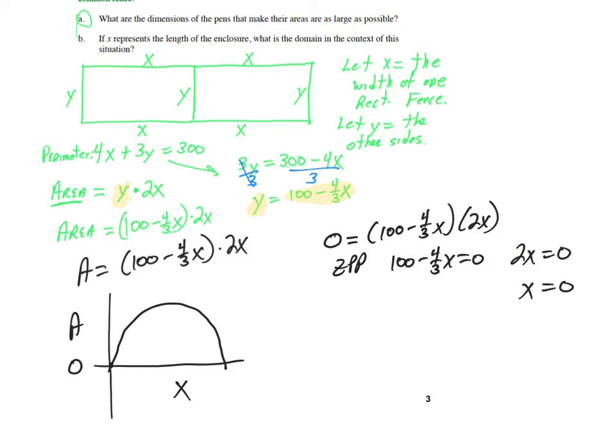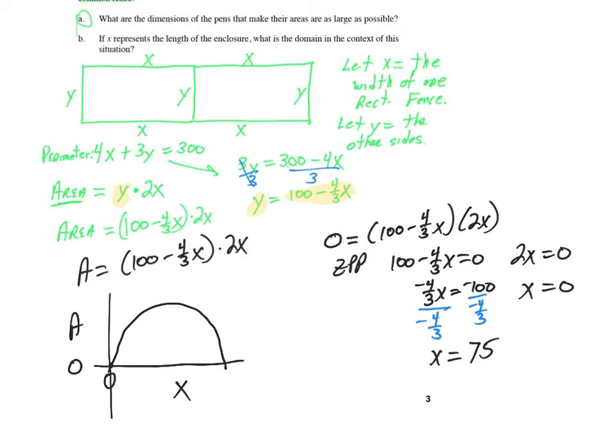Now I'm going to solve for x. Divide both sides by 2 in the one equation, x equals 0. In the other, subtract 100 from both sides, and then divide by a negative 4/3. x comes out to 75.